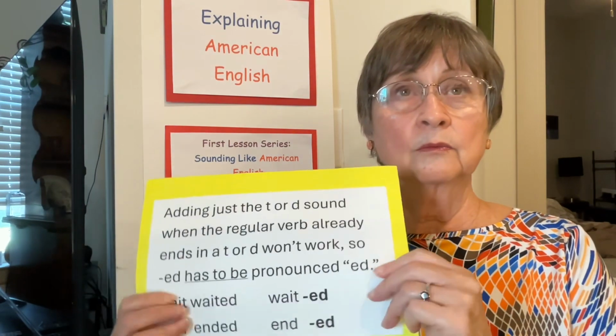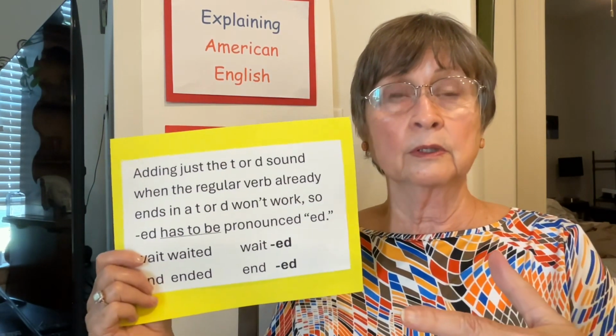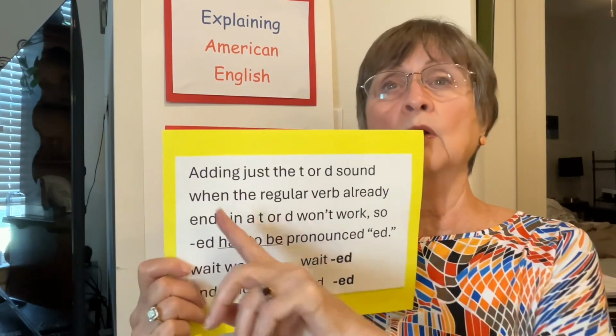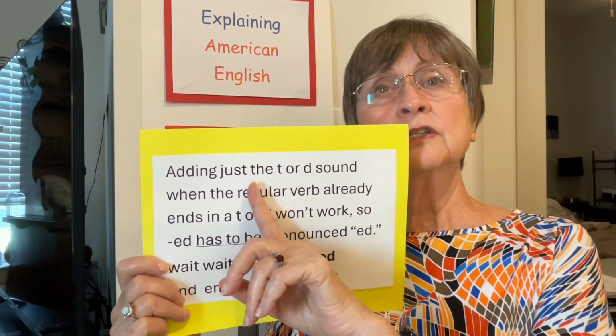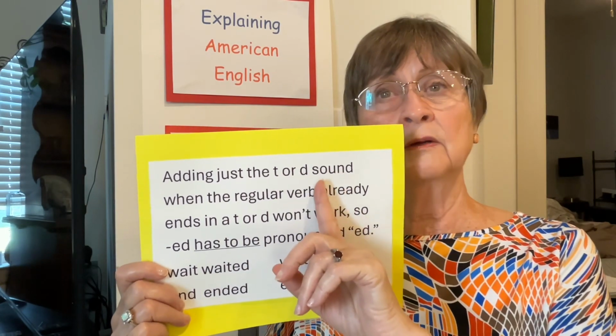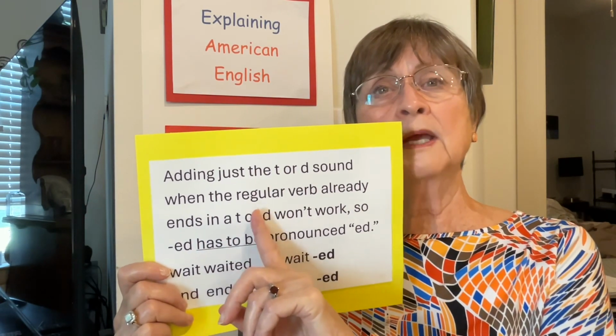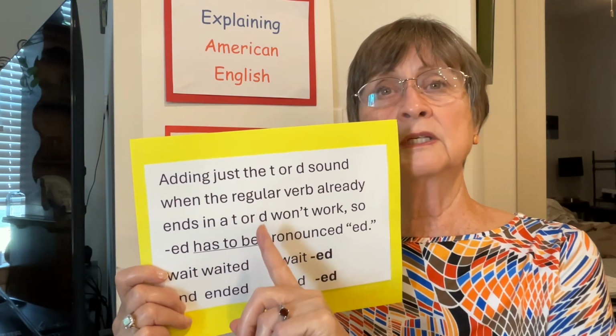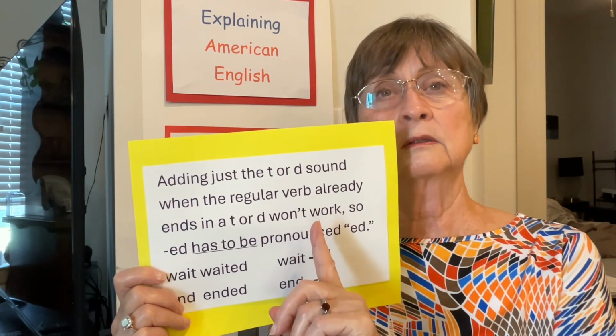What happens though if the T and the D end the word and then you add ed? We can't just do T and D anymore. Adding just the T or D sound when the regular verb already ends in a T or D sound won't work.